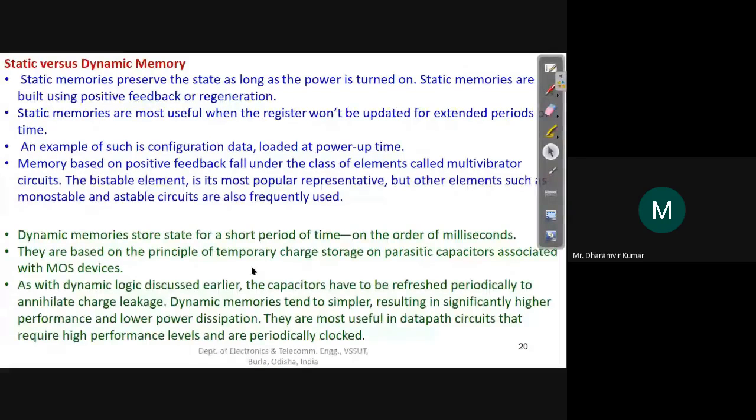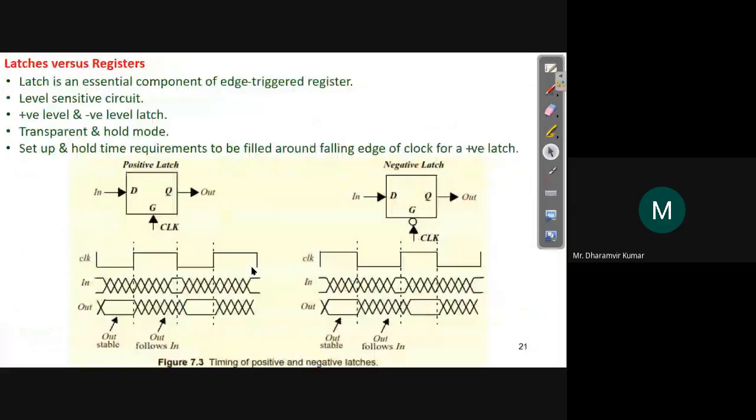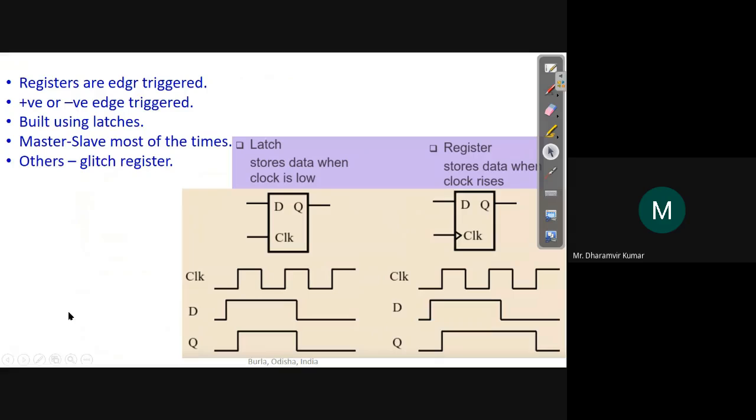And latches versus registers: latches are level sensitive, whereas registers or flip flops are edge sensitive. And there is a huge difference when this is a latch and this is a register. When the same input is given to a latch and a register, what is the difference in the output of latch and register?